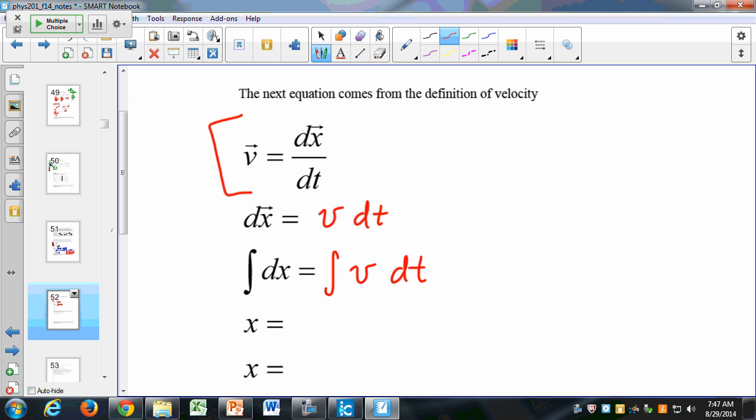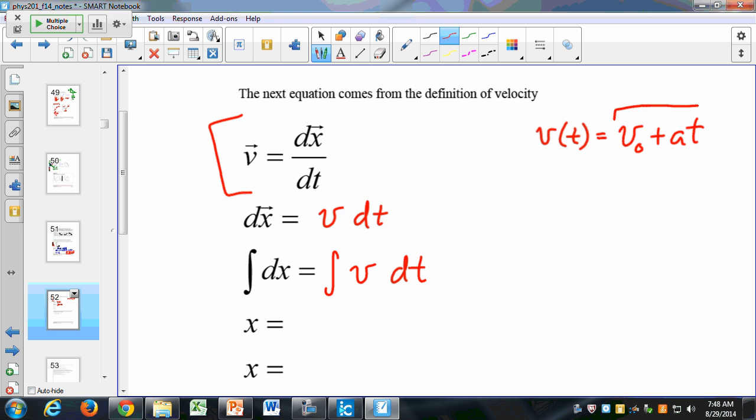What is the function that describes v of t? So if I have a function for velocity with respect to time, what is that function? How does v change with time when I have constant acceleration? Right, it's what we just derived. So our velocity as a function of time is equal to whatever our initial condition is plus the acceleration times time.